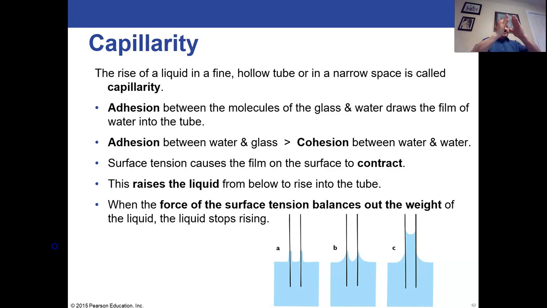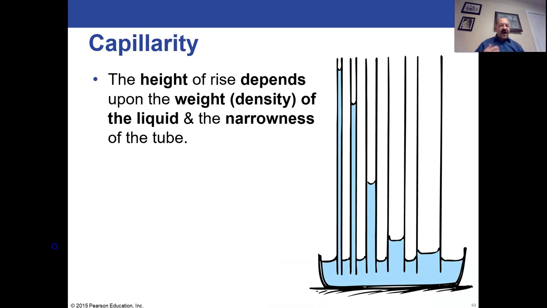So it'll rise up a certain amount because of its cohesive forces and its adhesive forces to the glass, but eventually those forces will be balanced by the weight of the water that you've lifted up out of the capillary and stopped there. So the height of the capillary rise, the amount that it goes up, is really dependent on the density of whatever liquid it is.